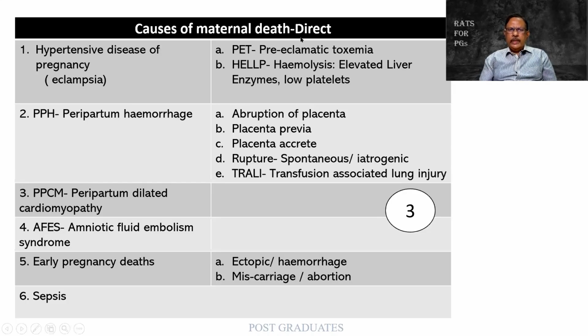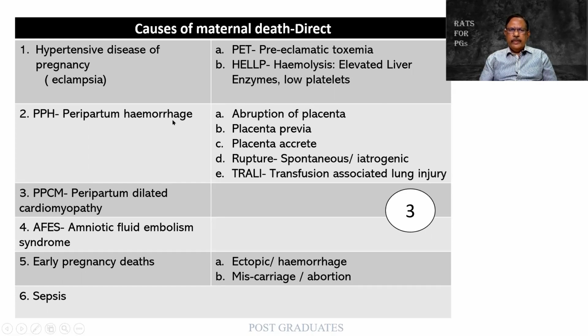The causes of maternal death have been divided into direct and indirect. Direct, I would like you to kindly learn this particular table by heart and reproduce it. It can be because of hypertensive disease of pregnancy, which is preeclampsia, or HELLP, hemolysis, elevated liver enzymes, low platelets. So this is an abbreviation for it.